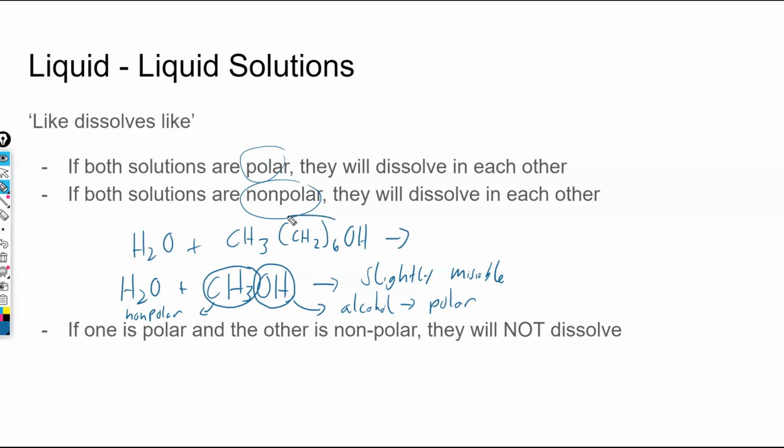So now we have this very, very large nonpolar region. So these two will not dissolve as well. They may dissolve a little bit because of this polar part, but they still won't dissolve as well.